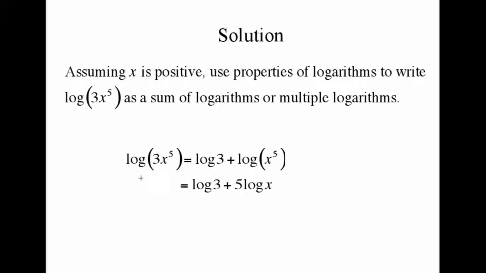So here's what this would look like. We have the log of our product, so we can use the product rule here to write log of 3 plus log of x to the fifth. And then we can take x to the fifth and use our power rule to bring the 5 out in front of the log of x. So this is what this would look like in expanded form.